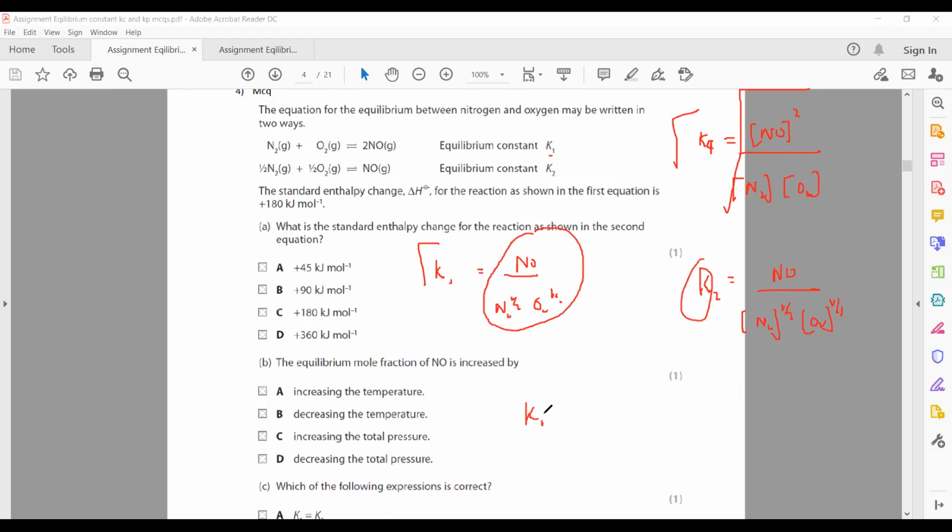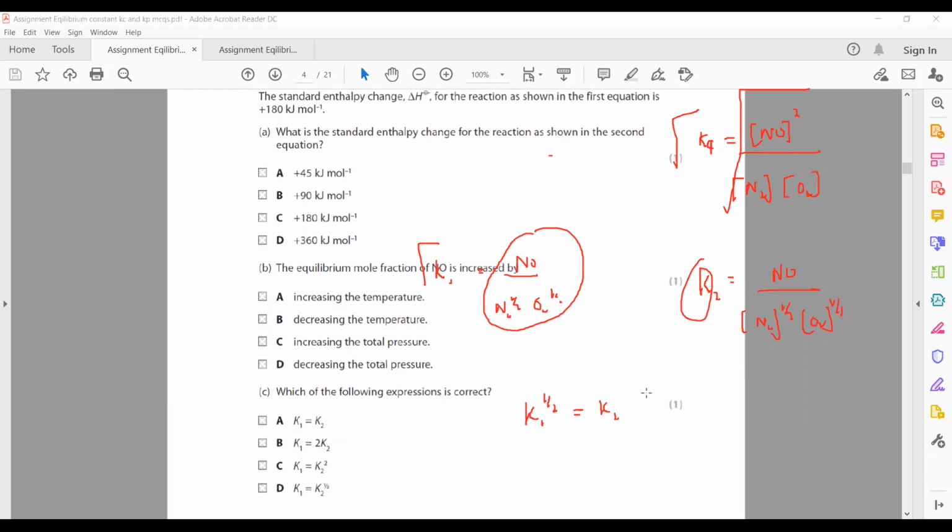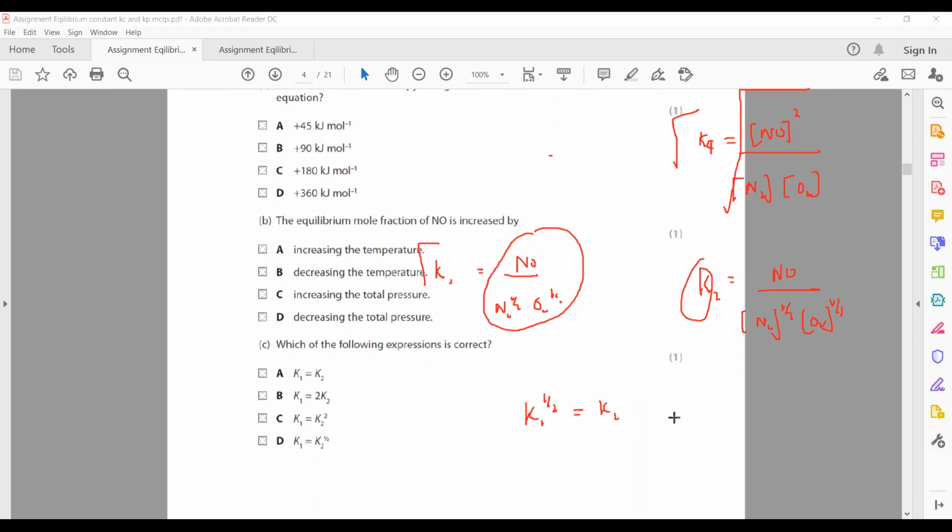So we can say K1 raised to power half is equal to K2. Or the other way around, if I square this, I can say K1 is equal to K2 square. So both ways are right. Because it's written K2 half, no, it's not K2 half. It's K1 half is equal to K2. So C is the right answer.